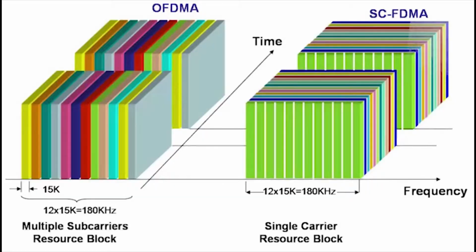You can see in the picture that each carrier of LTE has 15 kilohertz. Hence, each resource block has 180 kilohertz, and each resource element can carry different data or the same data.